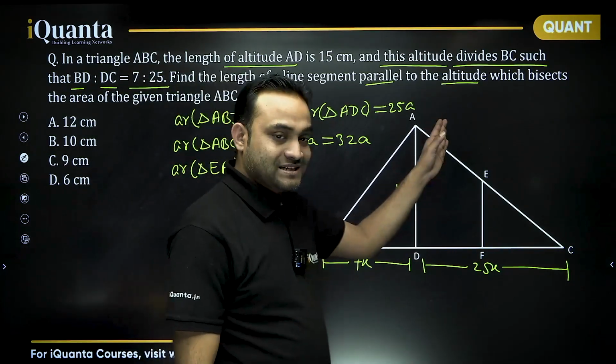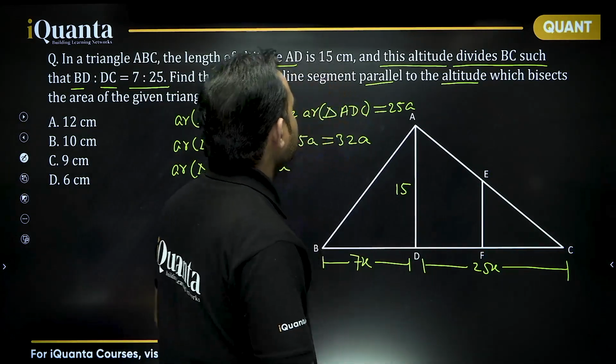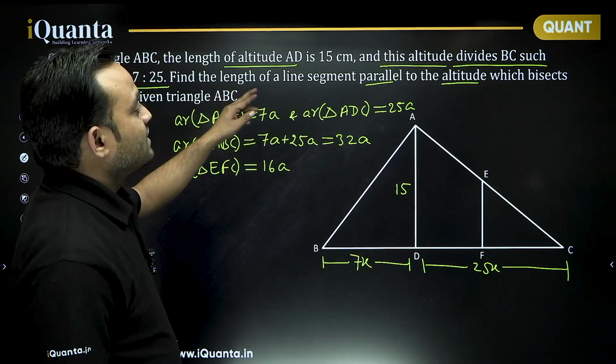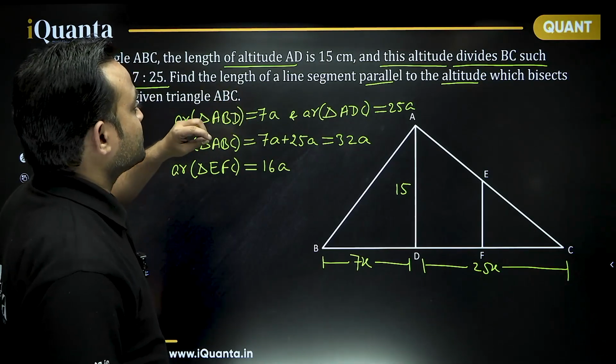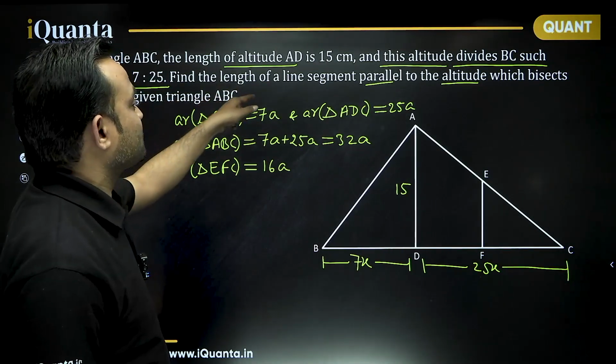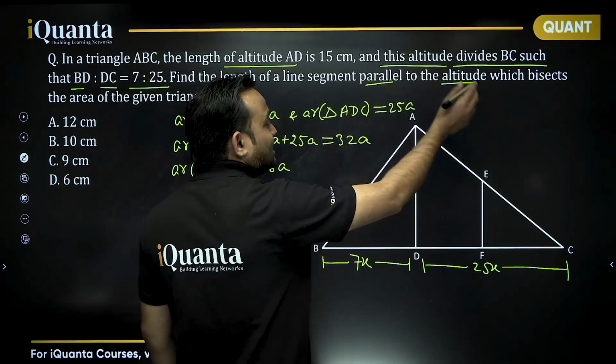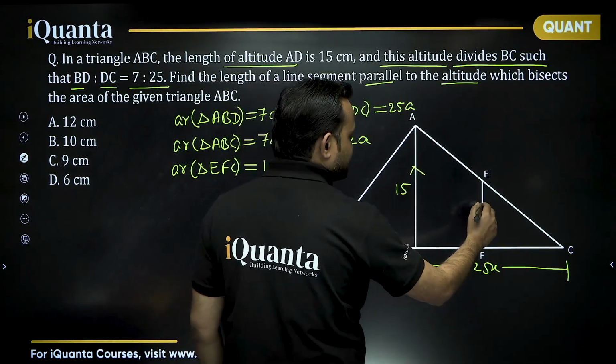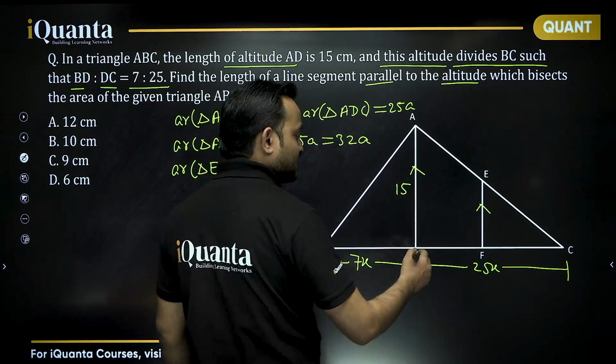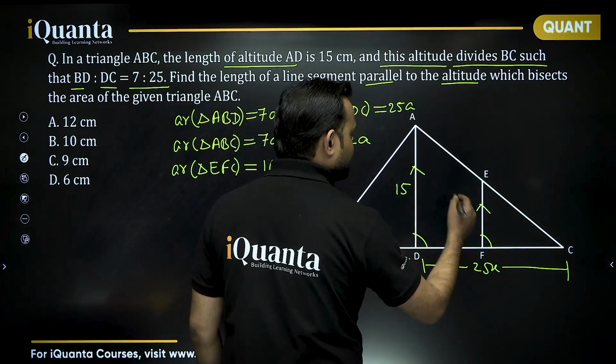So if this is 16A, now think about this. It says that this altitude divides BC such that, find the length of the line segment parallel to the altitude. So these two lines are parallel. If these two lines are parallel, can we say this angle will be equal to this angle?